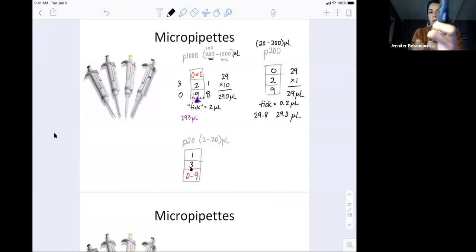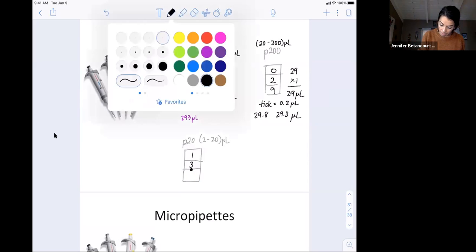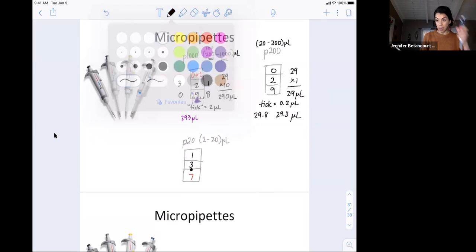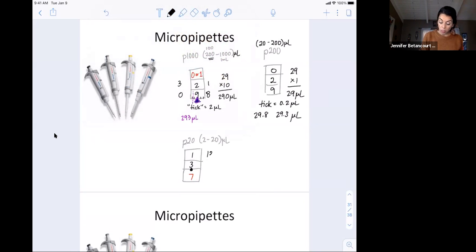I've done this for so many years, I don't read 137 anymore. I read 13.7. So if this was set to 137, I know that this pipette is going to measure 13.7 microliters.